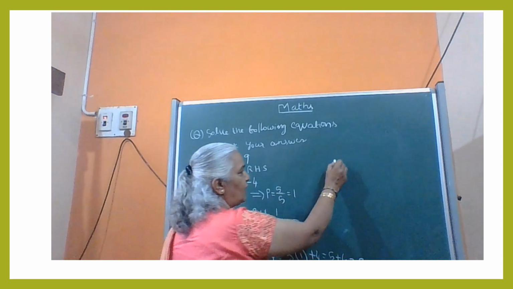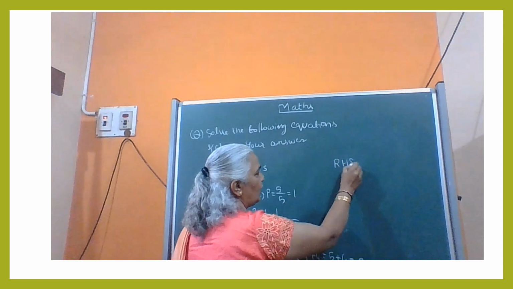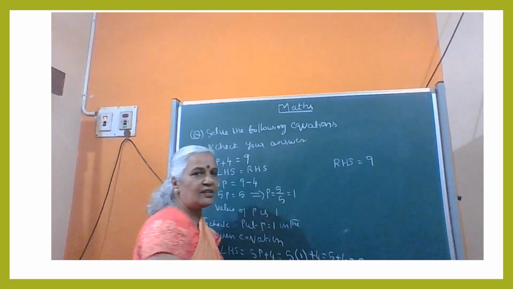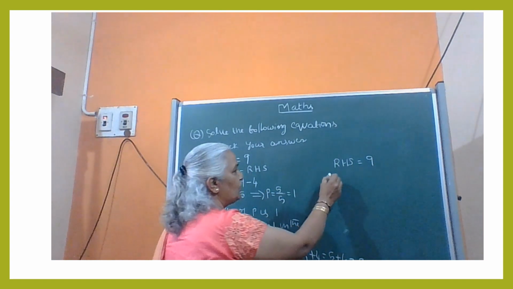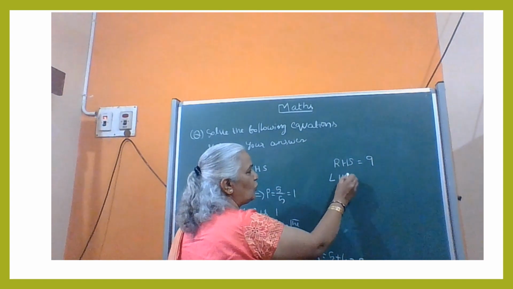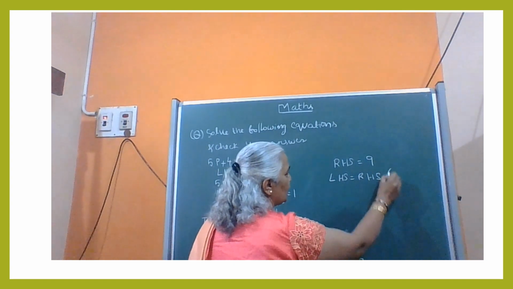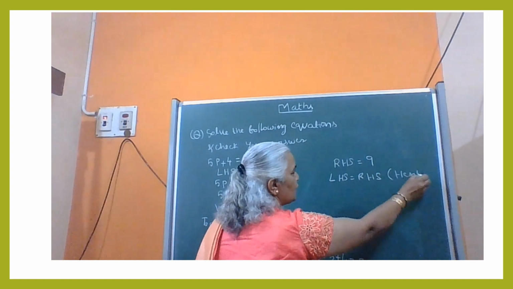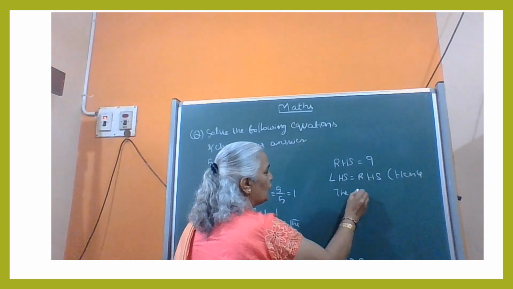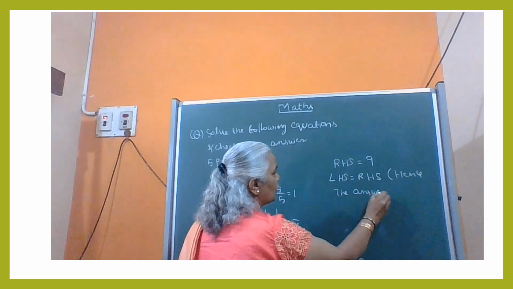And in the right hand side there is 9. Now LHS is equal to RHS. Hence the answer is correct.